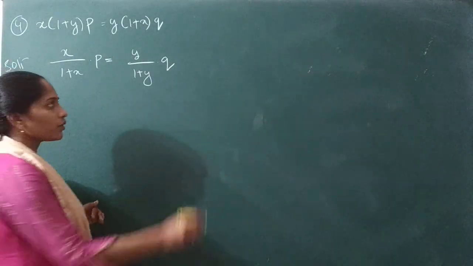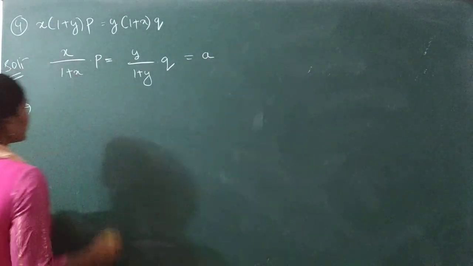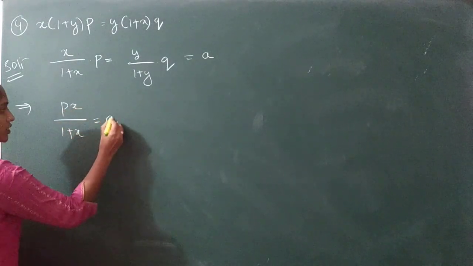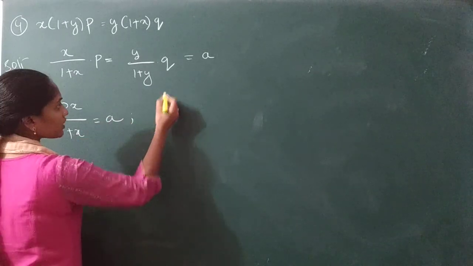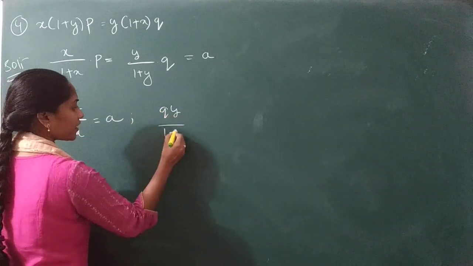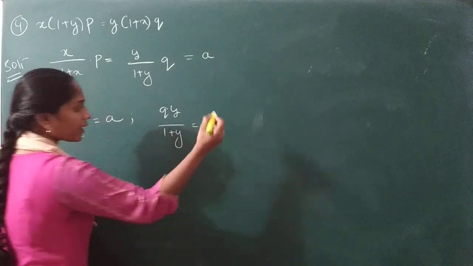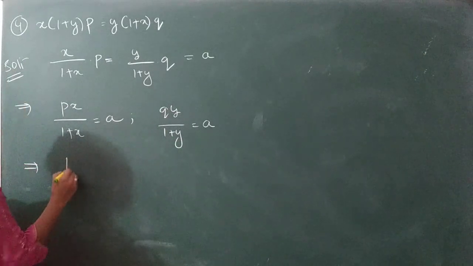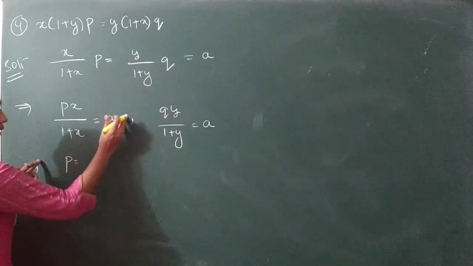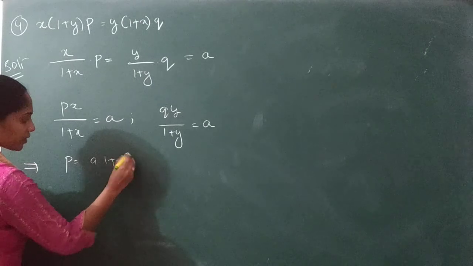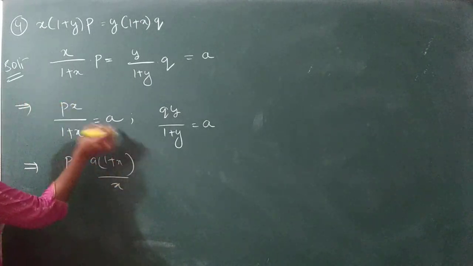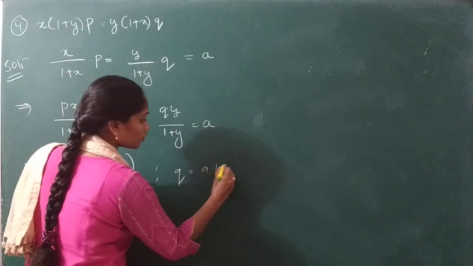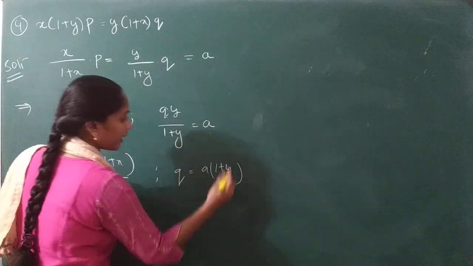Next, what you have to do? You have to consider some constant, px by 1 by x is equal to a, and next qy by 1 by y is equal to a. Next, what you have to do? You have to find out the value of p and the value of q. If you find out the value of p, take the denominator 1 by x by x to the denominator. If you find the q value, a into 1 by y by y.